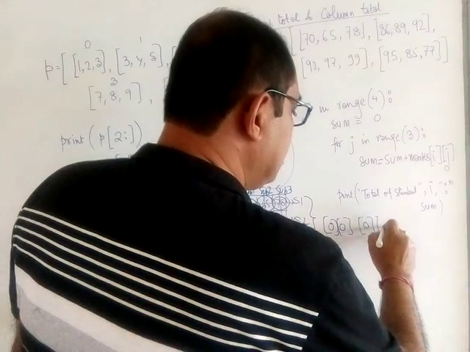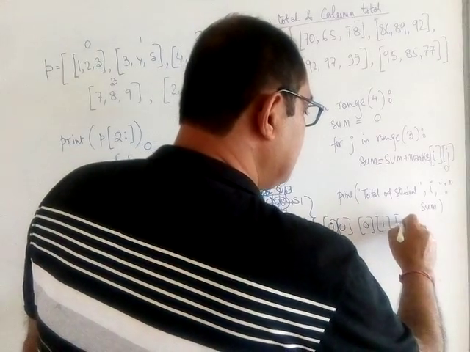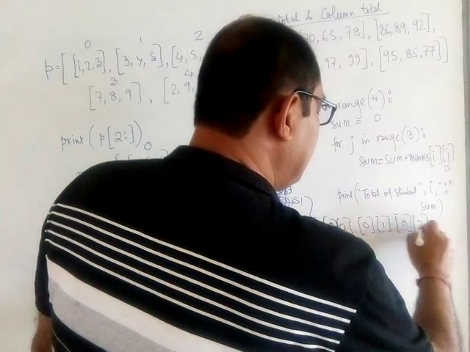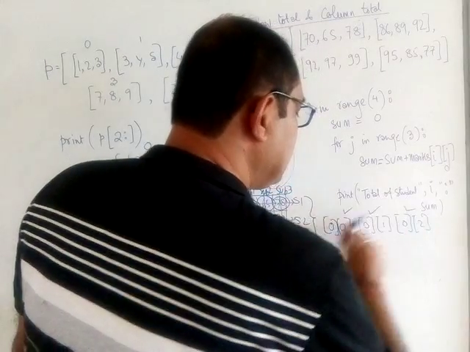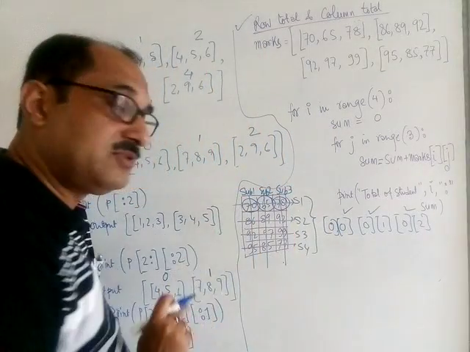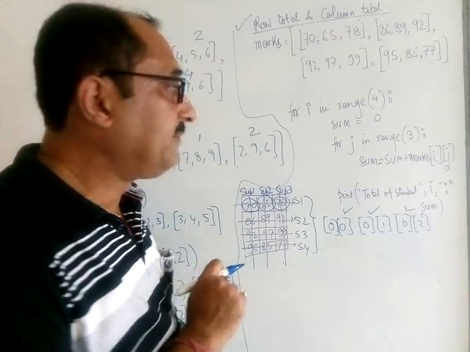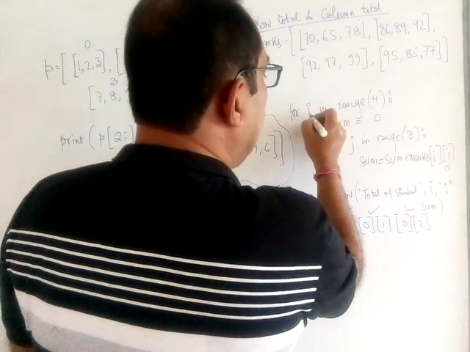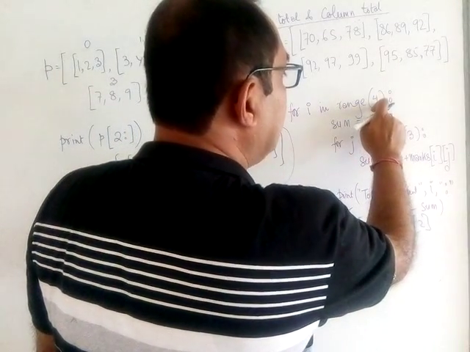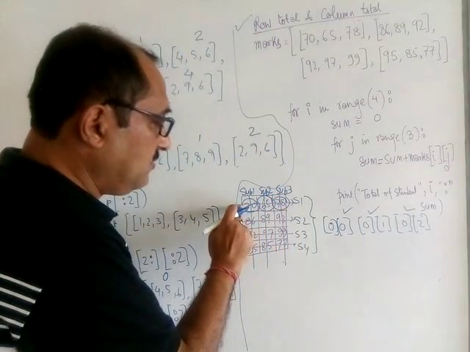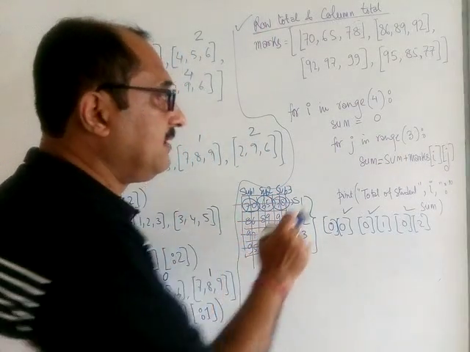I have to add up 0,1 and 0,2. Whatever numbers are available in these 3 locations, if I add them up, I'll get the sum total obtained by student 1. So look at this, I put i in range 4, which means I will get the values 0, 1, 2 and 3.